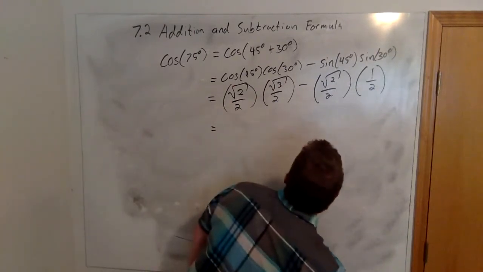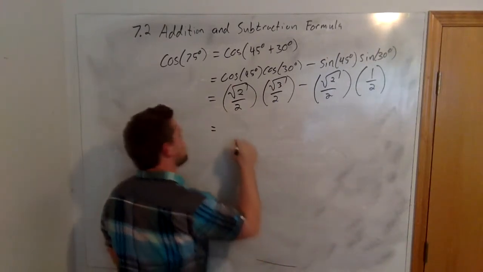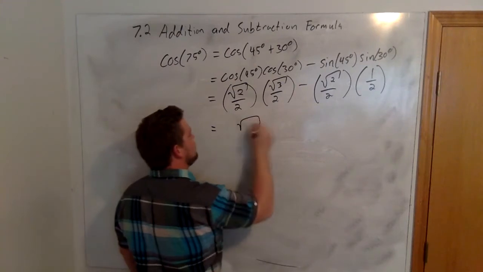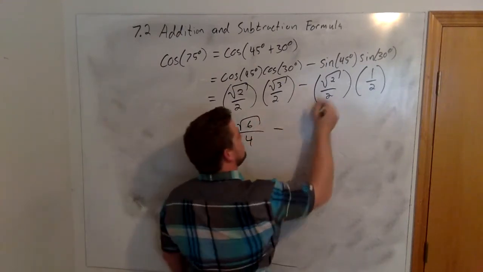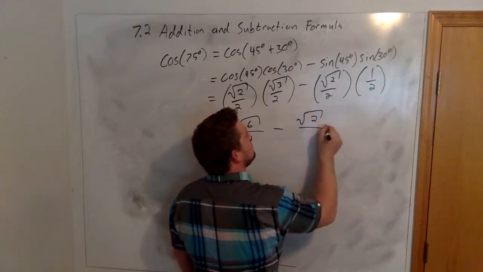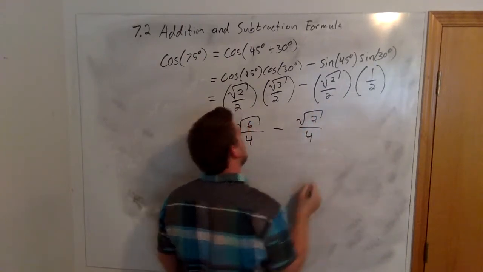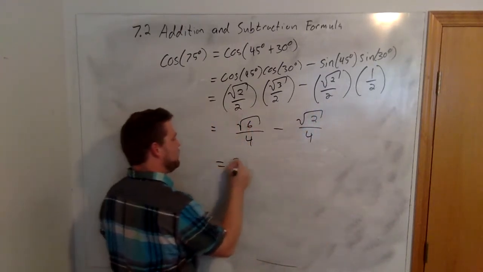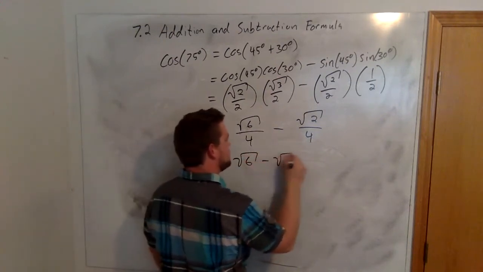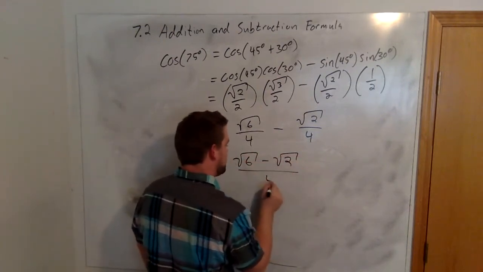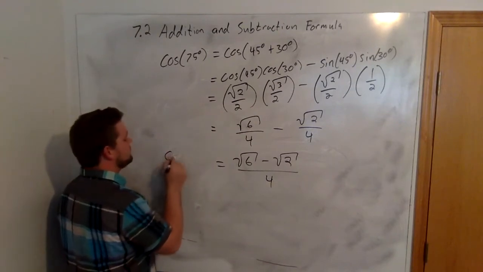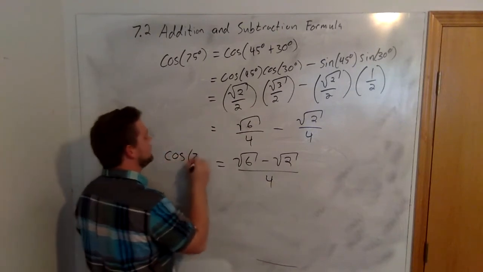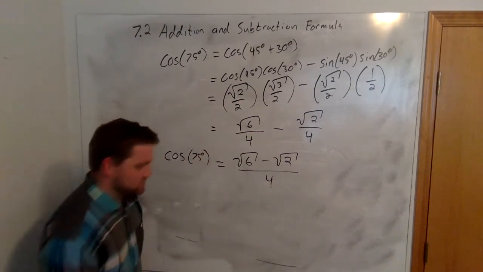So we have the square root of 2 times the square root of 3 is equivalent to the square root of 2 times 3, or the square root of 6, over 2 times 2 is 4. Minus the square root of 2, all over 2 times 2, which is 4. We have a common denominator of 4, so this will be the square root of 6 minus the square root of 2, all over 4, and this is the exact value of the cosine of 75 degrees.